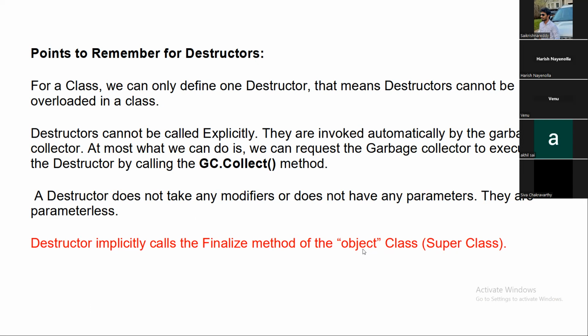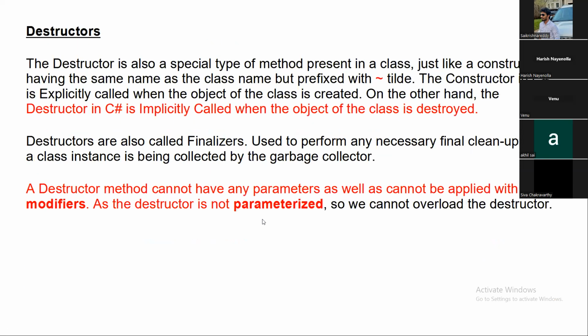In the object class you have this Finalize method, so whenever the CLR tries to execute the destructor, it internally invokes the Finalize method. That's why, as I mentioned, destructors are also referred to as finalizers, to finalize the object memory.